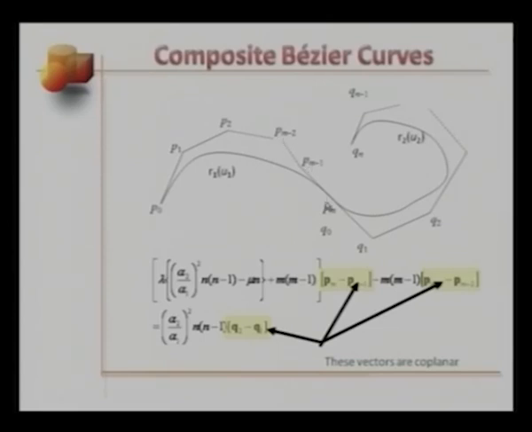These 5 points will be coplanar. From the design perspective, what would that mean?